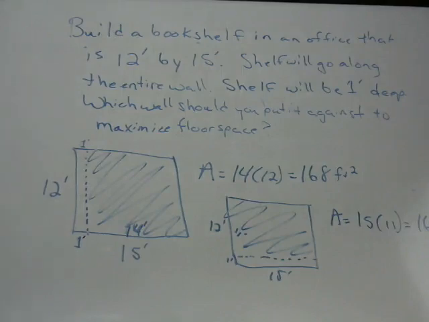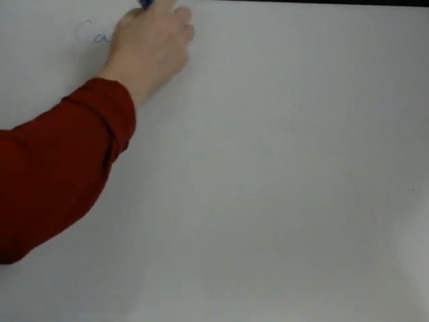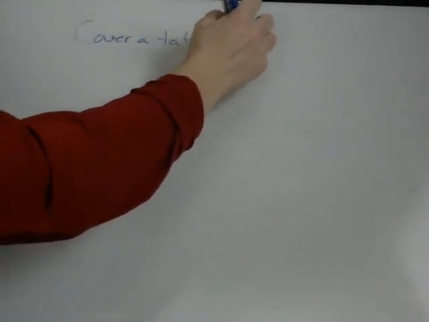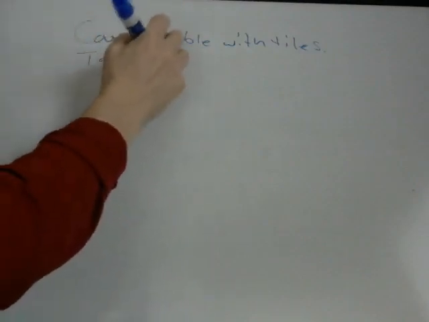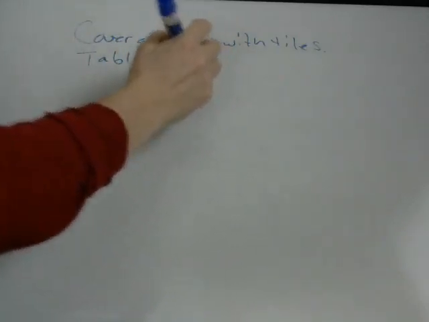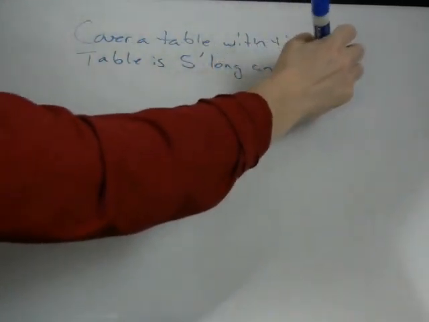We'll do another question. You want to cover a table with tiles. The top of the table is 5 feet long and 2 feet wide.